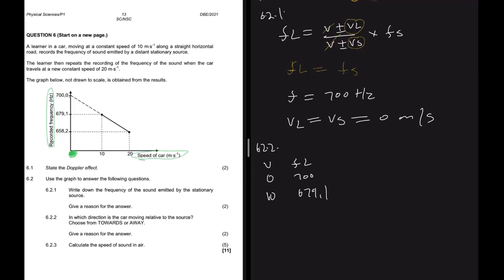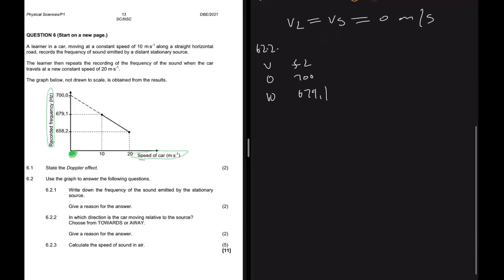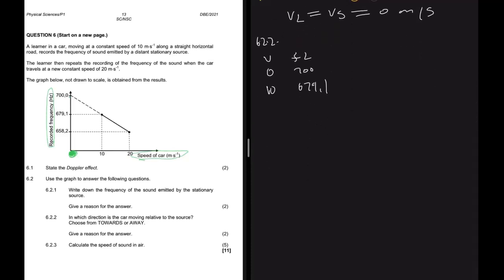That only happens when a vehicle is moving away, right? Whether the sound source is moving away from the listener or the listener is moving away from the sound source. But in this situation, we know very well that the sound source is stationary. So the listener is the one moving away. So here we'll write away.